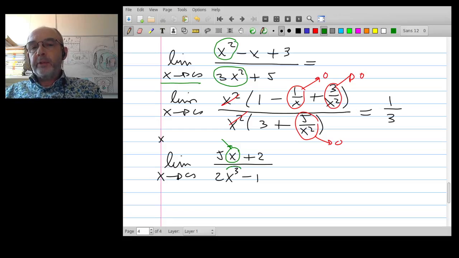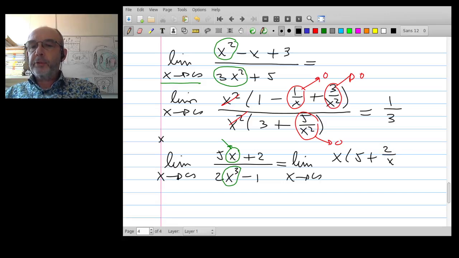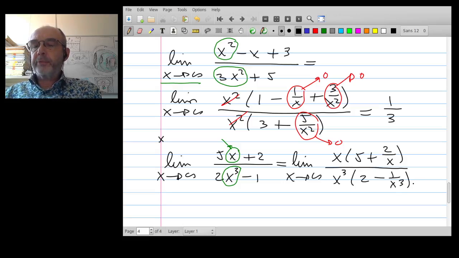And from the denominator, I see x to the power of 3 is the greatest one. If x goes to infinity, x to the power of 3 becomes greater and greater. So what can I do? I can divide them out. So I have here the limit from x going to infinity, x times 5 plus 2 divided by x, and below I get x to the power of 3 times 2 minus 1 divided by x to the power of 3.